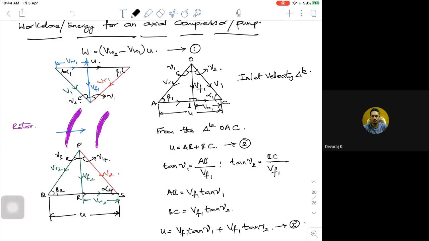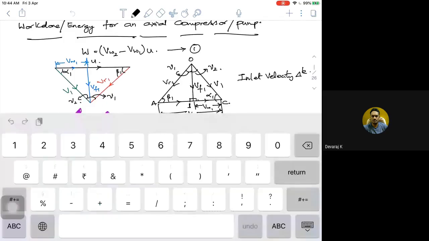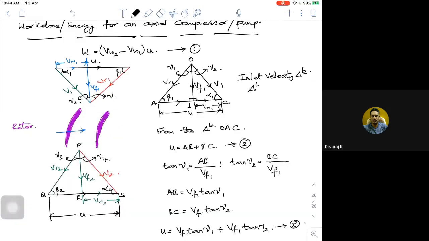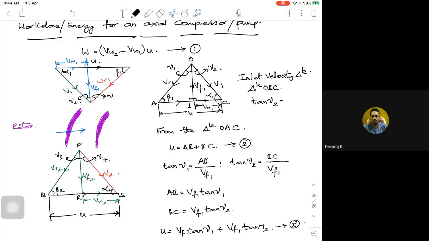If I consider the triangle OBC, I can write tan gamma 2 as VW1 divided by your corresponding VF1.